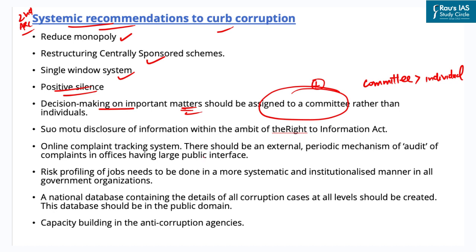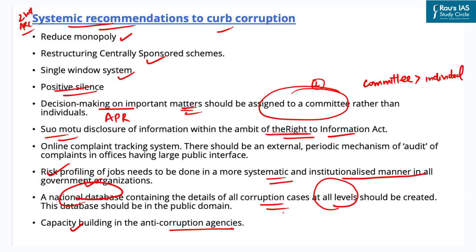It also recommended changes under the Annual Performance Report or the APR of each officer, and there should be inclusion of a column where officers should indicate the measures they took to control corruption in their office and among their subordinates. The Second ARC also recommended suo motu disclosure of information within the ambit of the Right to Information Act, risk profiling of jobs to be done in a more systematic and institutionalized manner in all the government organizations, capacity building in the anti-corruption agencies, and maintenance of a national database containing details of all corruption cases at all levels to be created, and this database should be kept in the public domain.